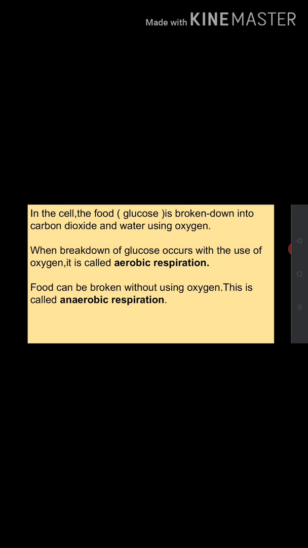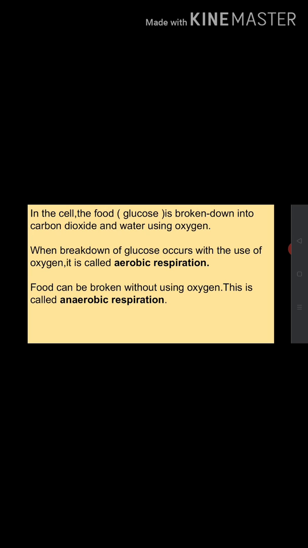The breakdown of glucose with the use of oxygen is called aerobic respiration. Sometimes food can also be broken down without using oxygen. That is called anaerobic respiration. So cellular respiration is of two types, anaerobic and aerobic respiration.